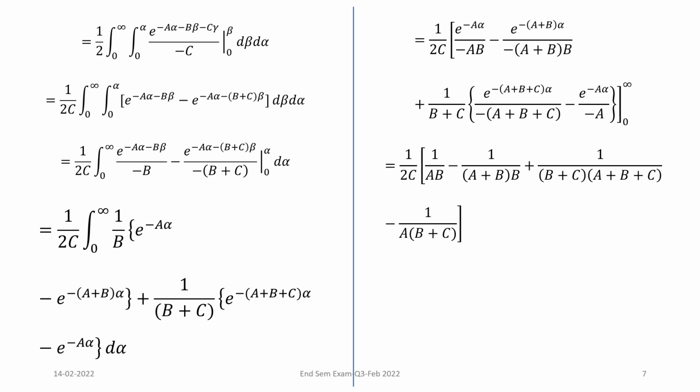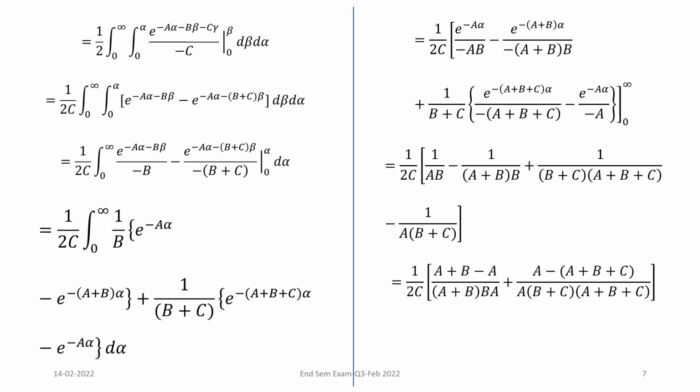One is 1 upon minus ab, since 0 is the lower limit, so it is 1 upon ab. Second case, again it is minus of 1 upon (a plus b) into b. Either you can put the values of a, b, c here as well, or you can simplify this one. We have simplified it in such a way.